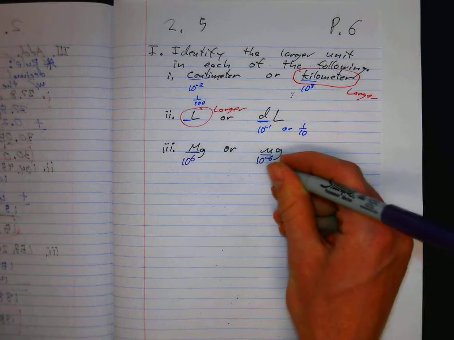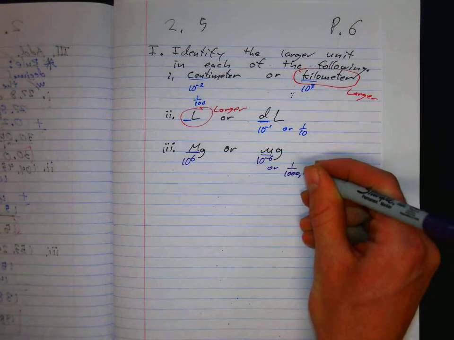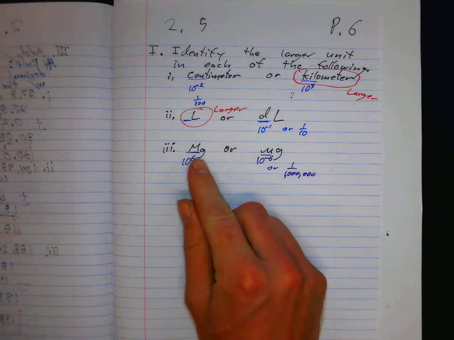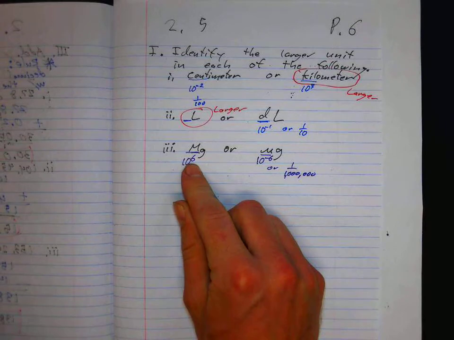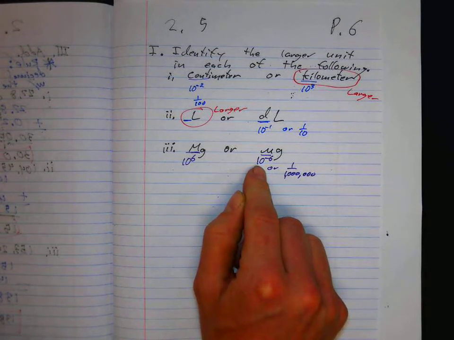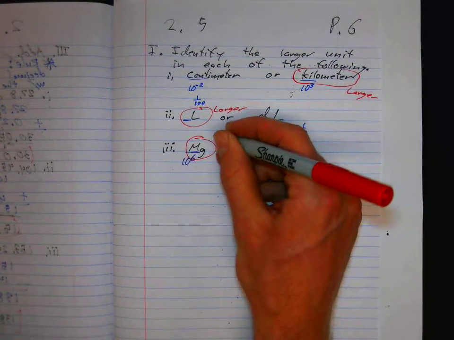So you could also write that as 1 over 1 million. And so therefore, a megagram is 10 to the 6 grams, or 1 million grams. A microgram is 1 millionth of a gram, and so we can see that the megagram is larger.